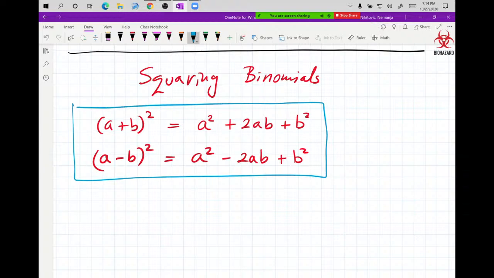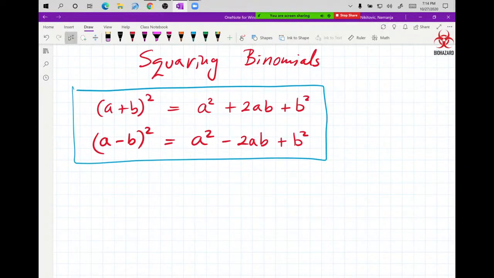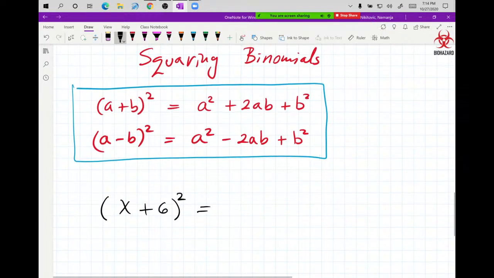Again, your job is to pick up a and b and just plug them everywhere. But actually, no, let's do it immediately. So how about x plus 6 squared? My a is x and my b is 6.